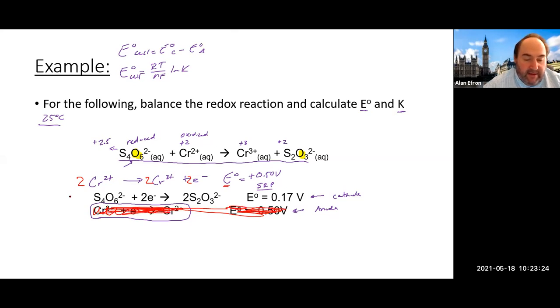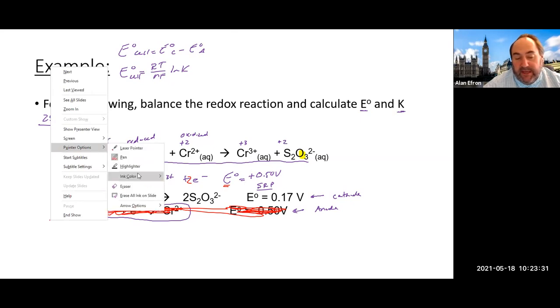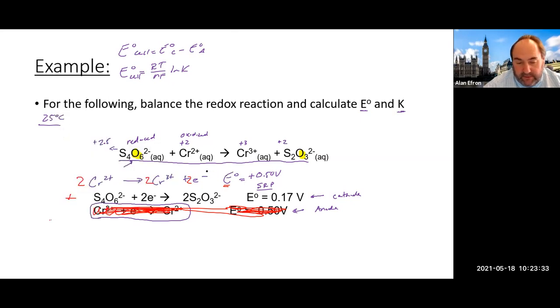So now what we have is our reactions that we can add back together. And when we add those reactions back together, our electrons should cancel out like normal. That would leave us an overall balanced reaction of 2 Cr2+ plus S4O6 2- goes to 2 Cr3+ and 2 S2O3 2-.